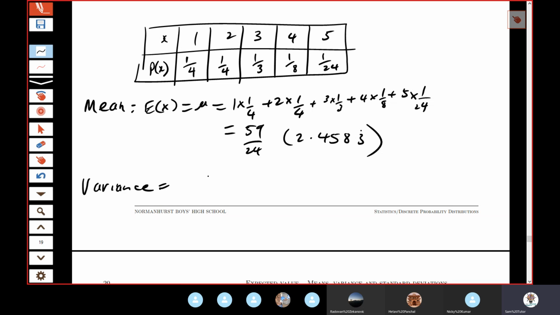That should be easy. Variance. The formula is E(x squared) minus mu squared.